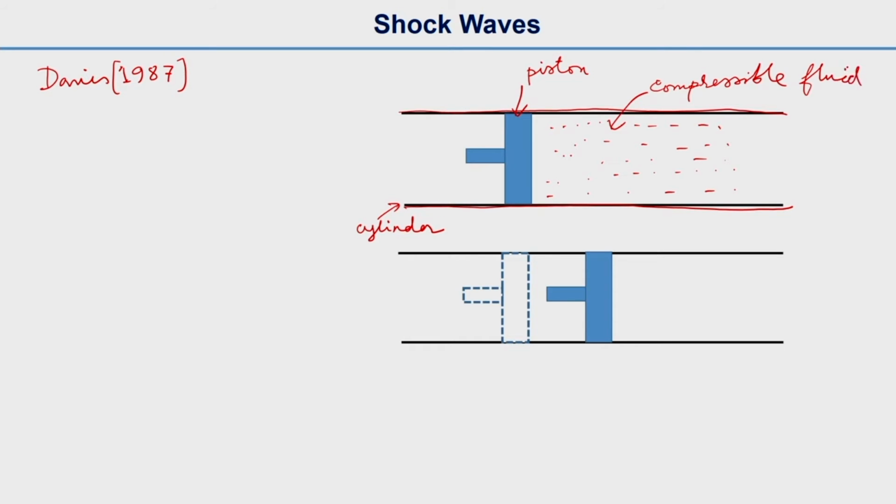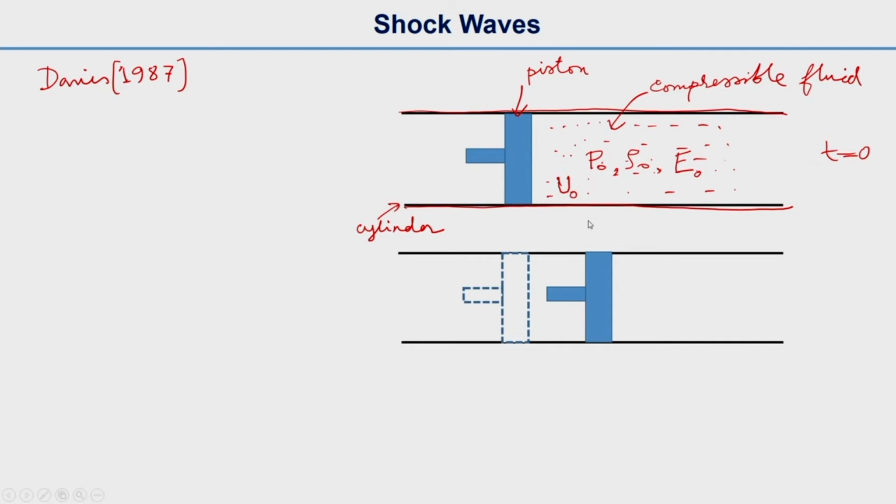Let us say this is at time t equal to 0, and the pressure here is P naught, density here is rho naught, and internal energy per unit mass is E naught, and the velocity of these particles is u naught, and if it is stationary, it can be equal to 0.